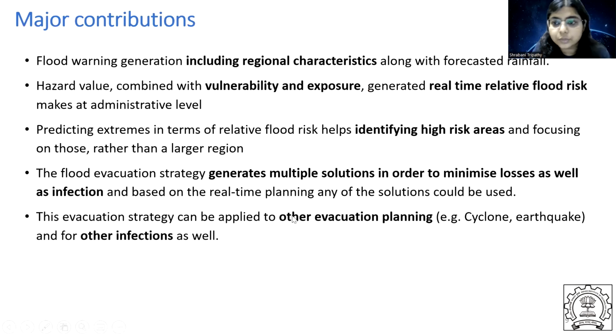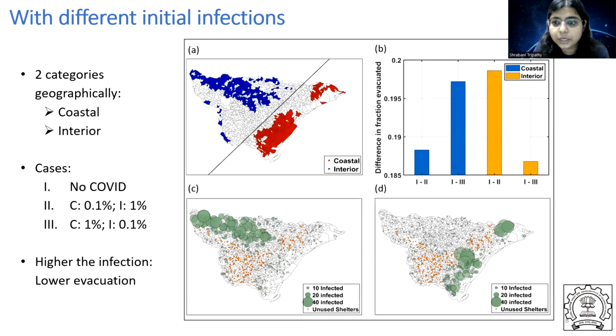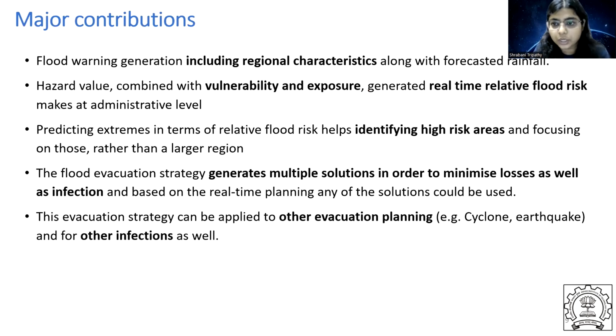The major contributions from the thesis are, we have proposed a new model which uses regional characteristics along with the forecasted rainfall to generate real-time flood risk warning. The concept of using real-time flood risk warning is a new concept, and a patent is filed for this approach.